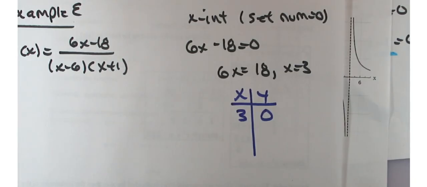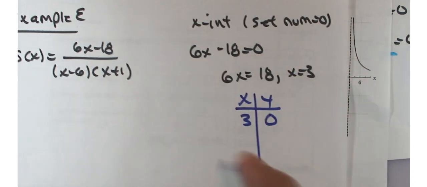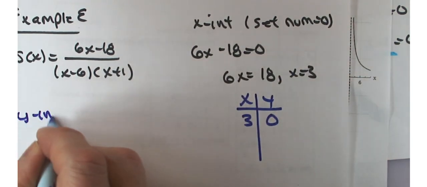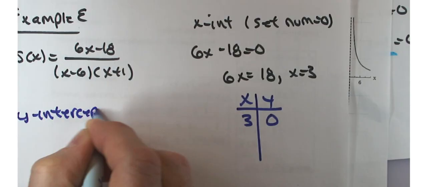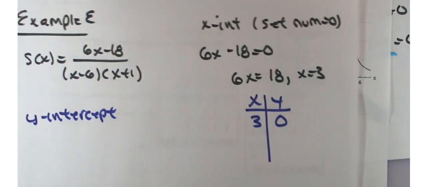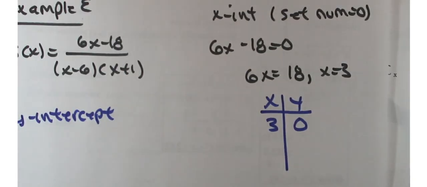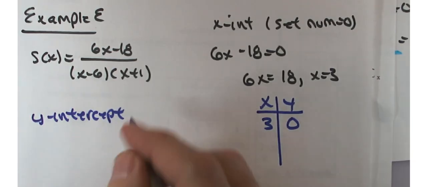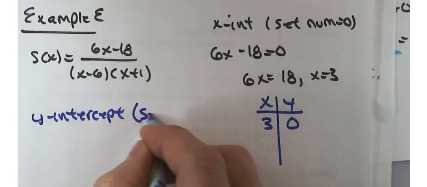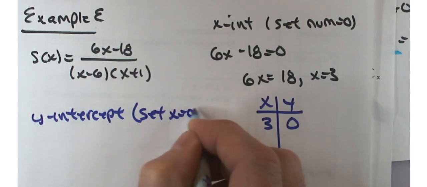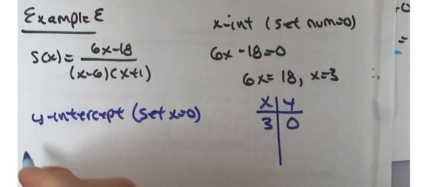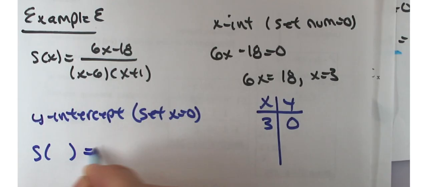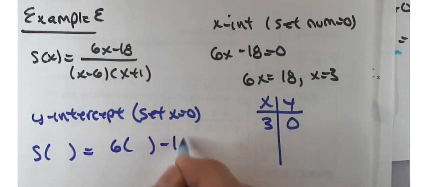What do I do to find the y-intercept? So where the graph crosses the y-axis, what value does x have? Yeah. So we're going to set x equal to 0. So s of 0 is going to be 6 times 0 minus 8.